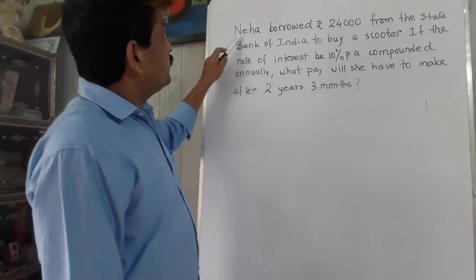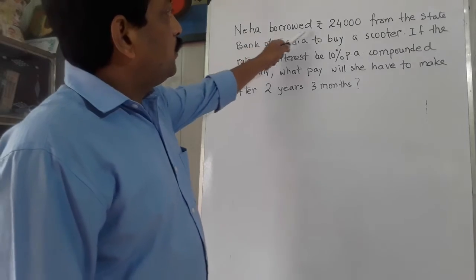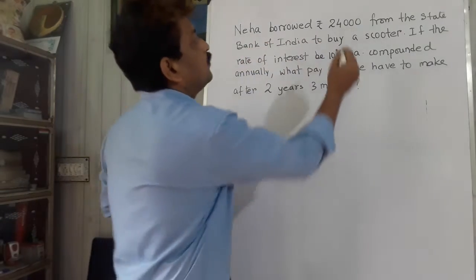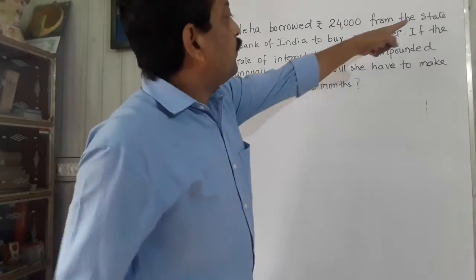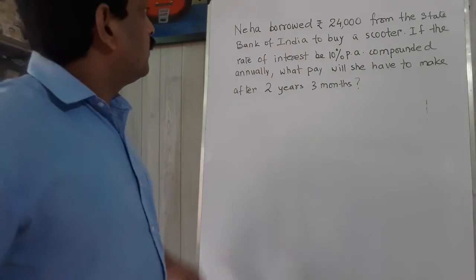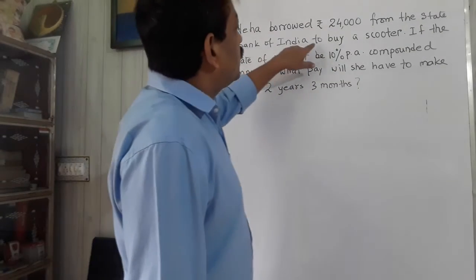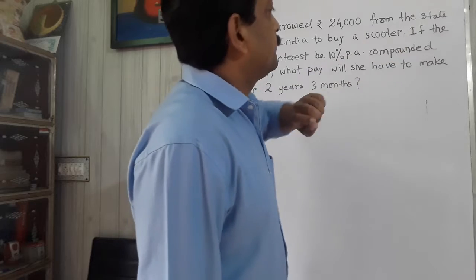And look at the question. Neha borrowed rupees 24,000 from the State Bank of India to buy a scooter.